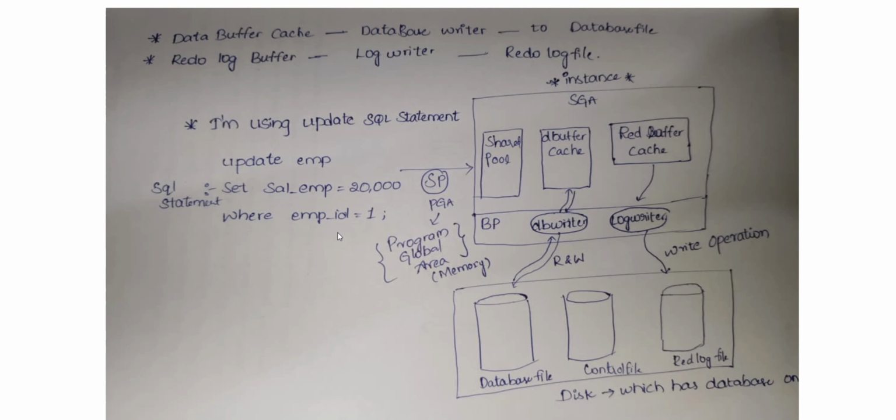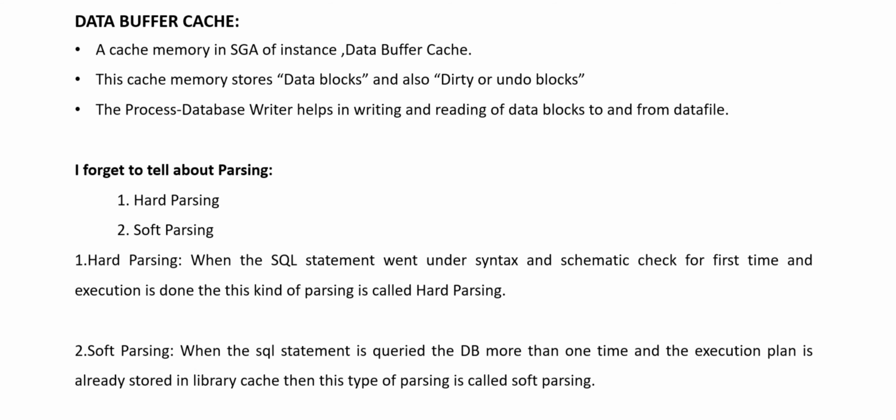Once I run the query, we will discuss what happens whenever we run this update statement, from session establishment to how the data is updated in the data files. First of all, whenever we run this statement, a user process is generated. It contains the user details and also the SQL statement that we have queried, and these are transferred to the listener.